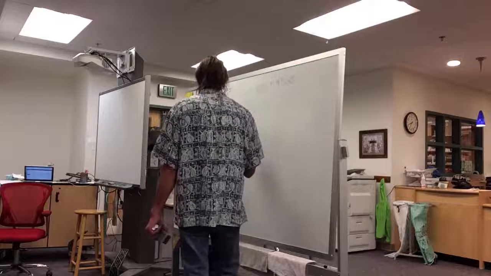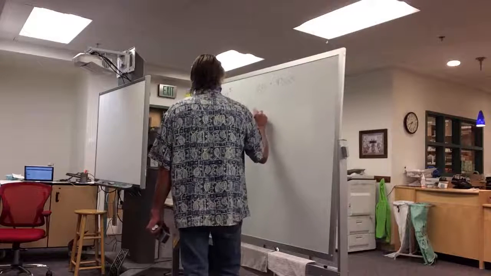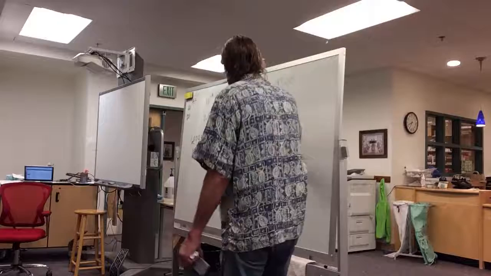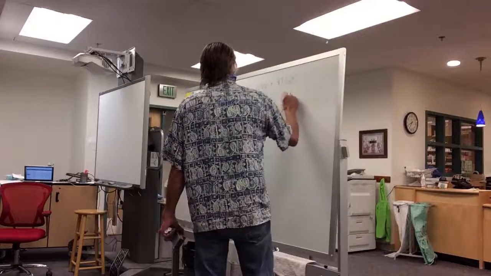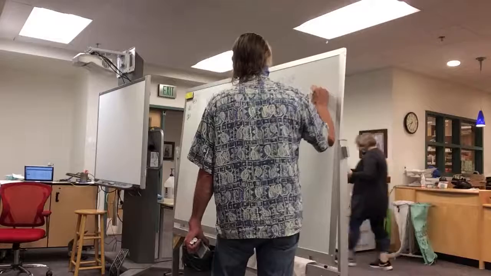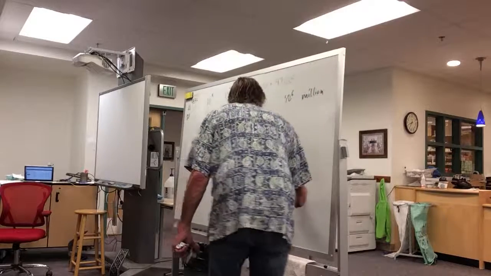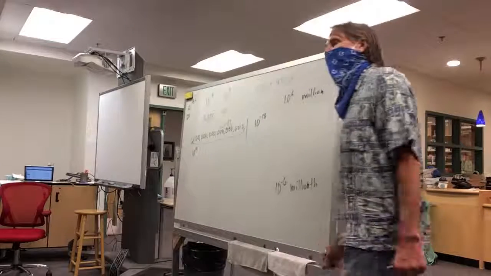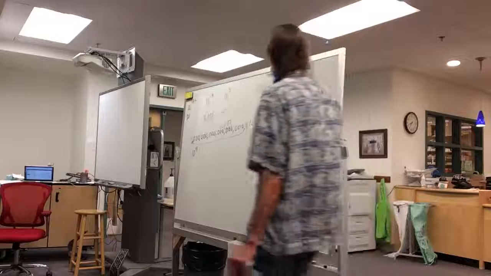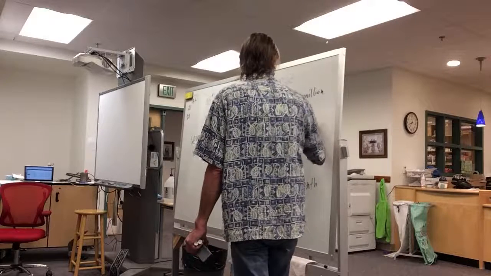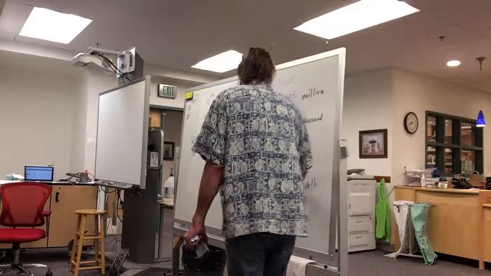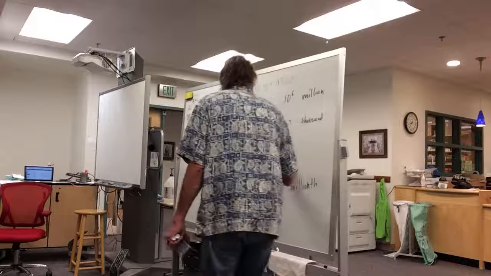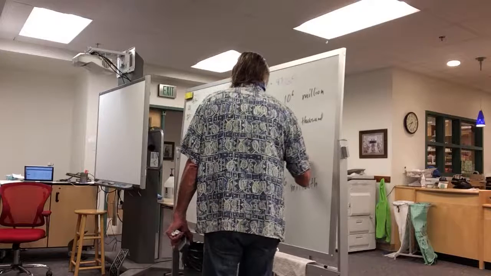So quintillionth would be 10 to the negative 18. Remember over on this side of the board yesterday, I wrote some things. I had 10 to the 6 was a million, and down here 10 to the negative 6, which was a millionth. And then I also had 10 to the third, which I wrote as 1,000, and 10 to the second, the first, the 0, the negative first, the negative second, and 10 to the negative third, which is a thousandth.